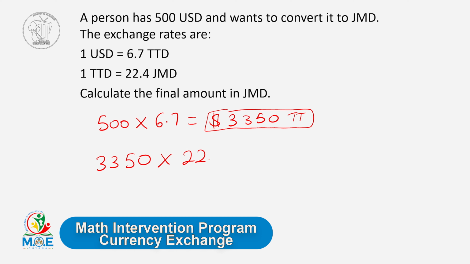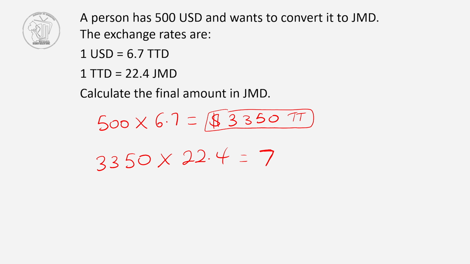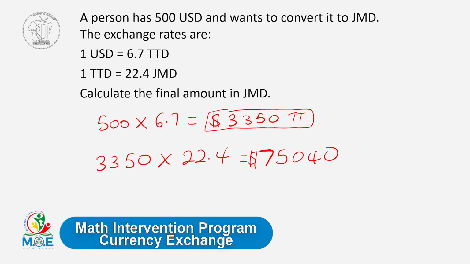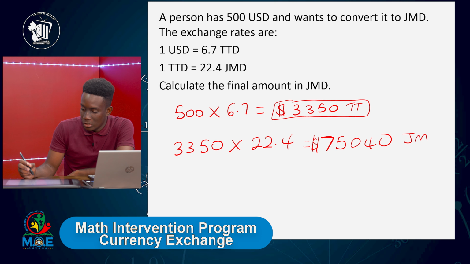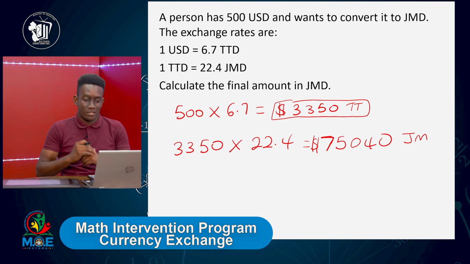This will be 22.4. And this now would give us $75,040. So the final amount in Jamaican dollars would be $75,040 after we convert 500 US to Jamaican dollars.